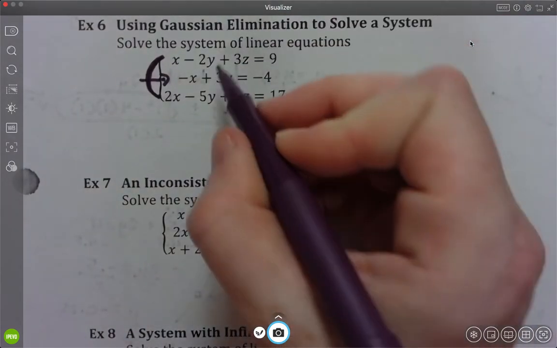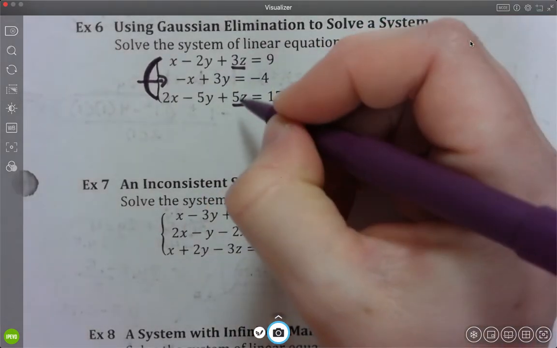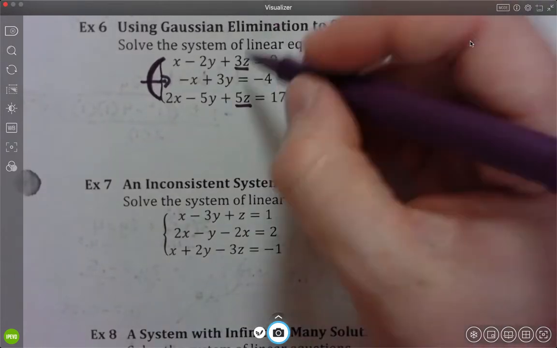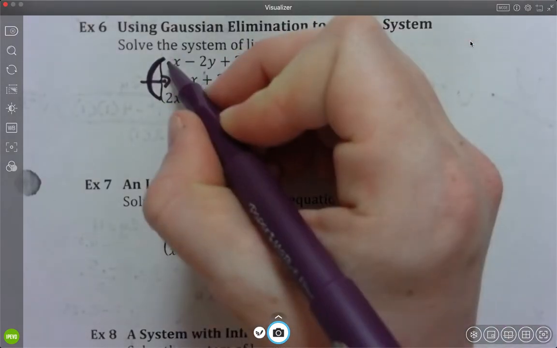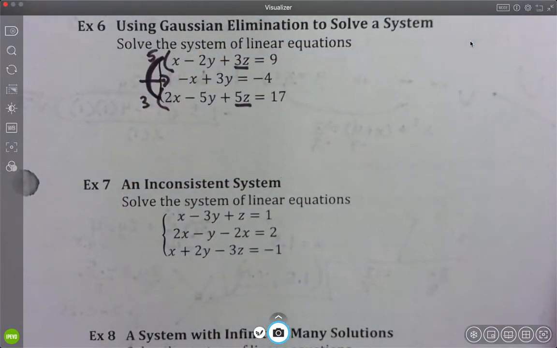Okay, so looking at this top equation and this bottom one, I have 3z and 5z, and if I want to eliminate those, they have to be the same number. So 3 and 5, if I think about their least common multiple, would be 15. To get 3 to be 15, I need to multiply by 5, and to get 5 to be 15, I need to multiply by 3.